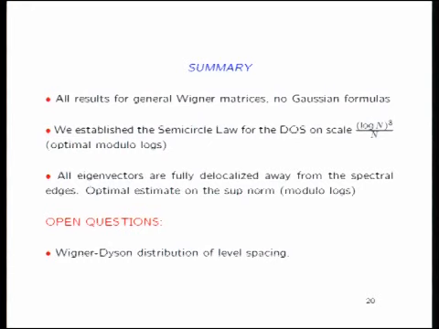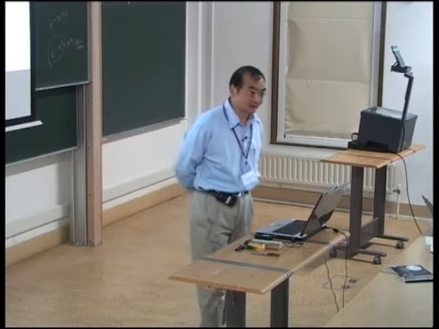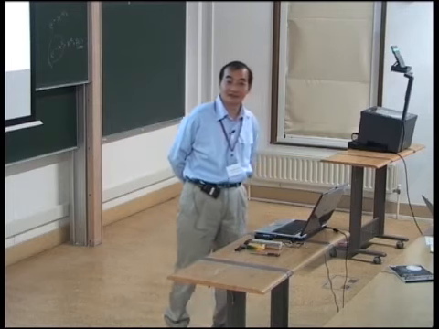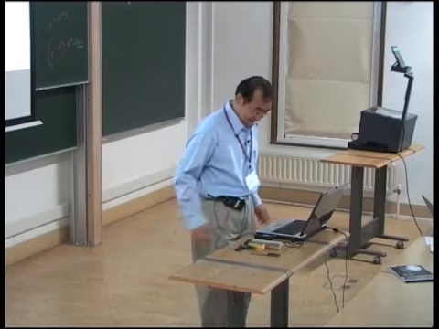We have written all those with logs; those without logs have not been written. But of course, if you want to really get this Wigner-Dyson sine kernel, I think we are still quite far away. So thanks a lot. Thank you.